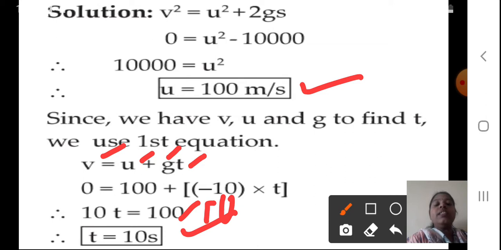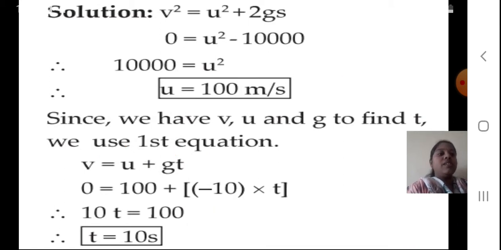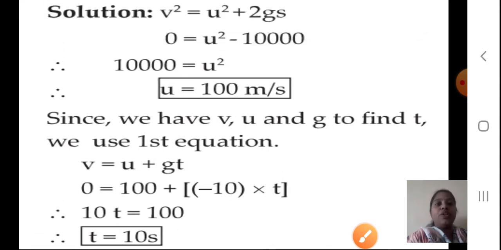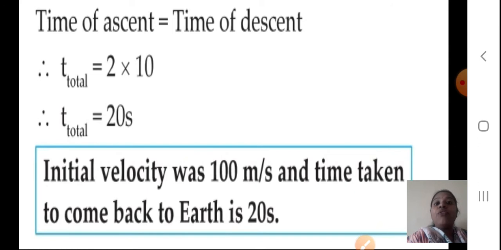Now this is only the time which is required to go up, but again you have to come back down. So 2t it is. So 2 into 10 will become 20. So our answer is going to be 20 seconds. That is the total time. See here, the time of ascent is equal to the time of descent. Ascent means to go up, descent to come down.